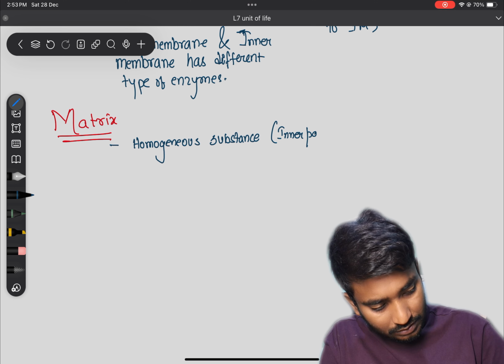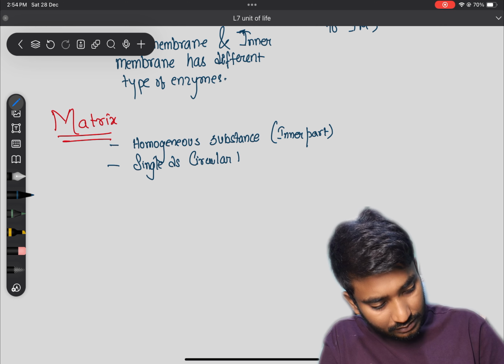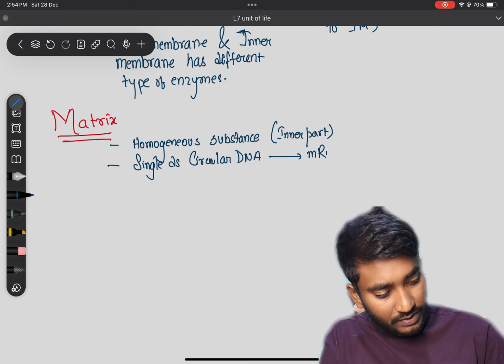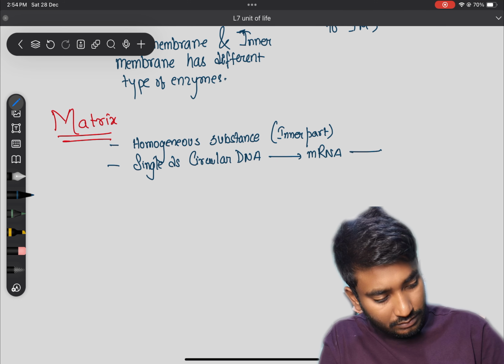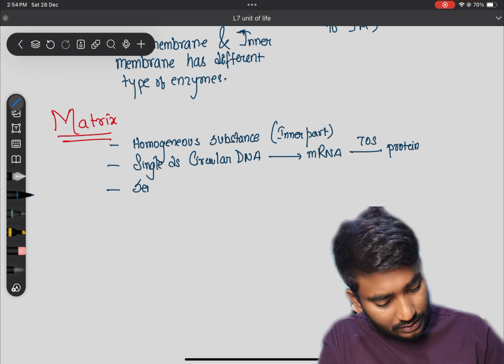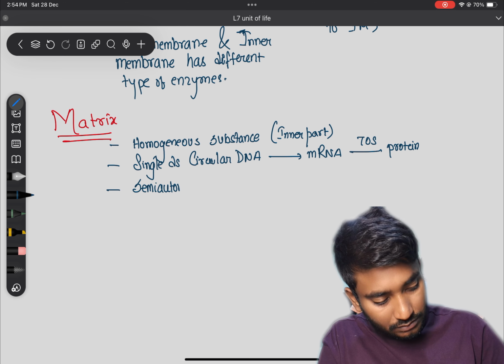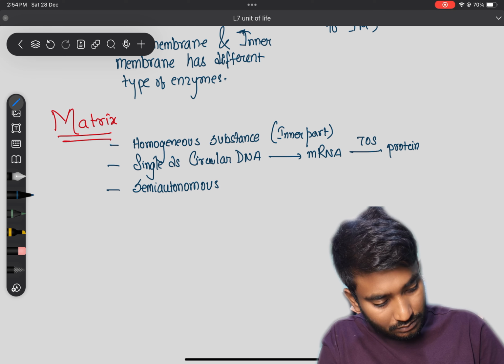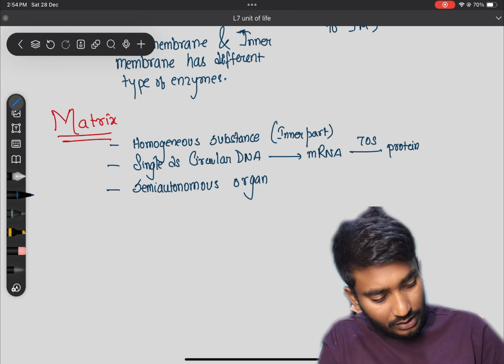In the inner part, there is single-stranded circular DNA, which converts to mRNA, and 70S ribosomes make protein. It is a semi-autonomous organelle.